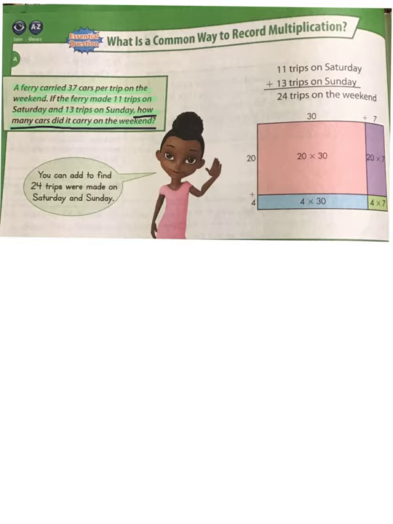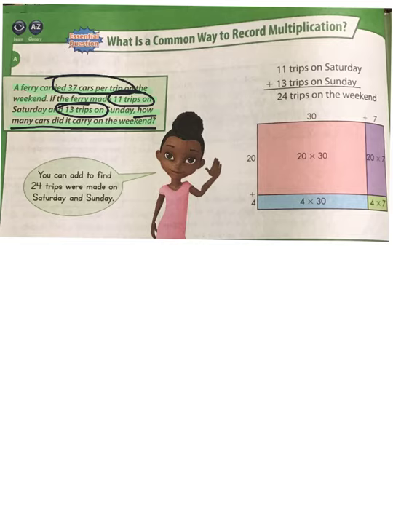We know that it carried 37 cars per trip. It also made 11 trips on Saturday and 13 trips on Sunday. We want to find out how many cars did it carry on the weekend. Since the weekend includes Saturday and Sunday, this is a two-step problem.